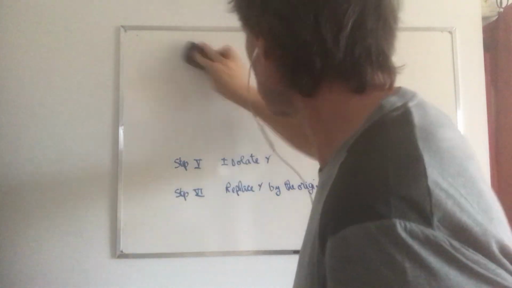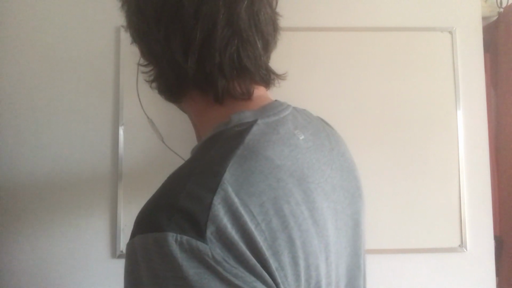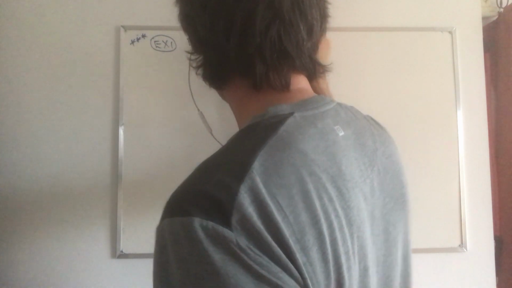So let us start with something relatively simple, although even in this section the simplest problem is 3 stars. So example 1, 3 stars. Evaluate the derivative of x to the x.